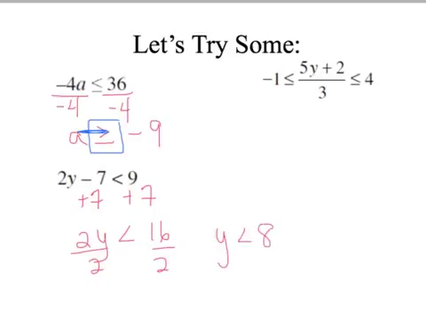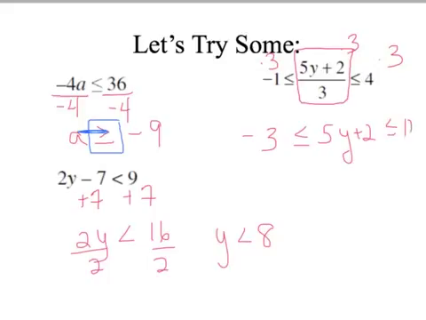And then finally, we've got a compound inequality. I've got division that needs to be undone, so I'm going to multiply all 3 parts by 3. So we have negative 3 is less than or equal to 5y plus 2, which is less than or equal to 12. We'll go ahead and subtract 2 everywhere.